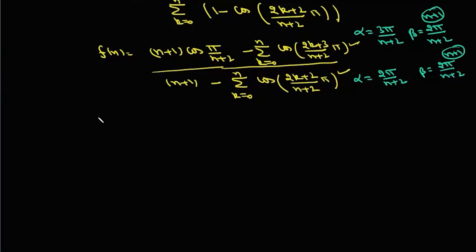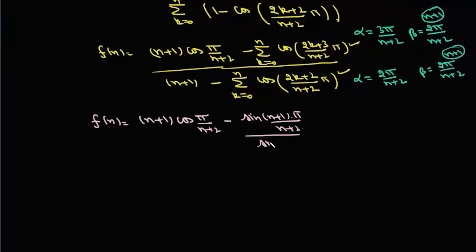So this fn will be (n+1) cos(π upon n+2), minus, and this is sin(nβ/2). Now n here is n+1, and β/2 will be π upon n+2, upon sin(β/2).